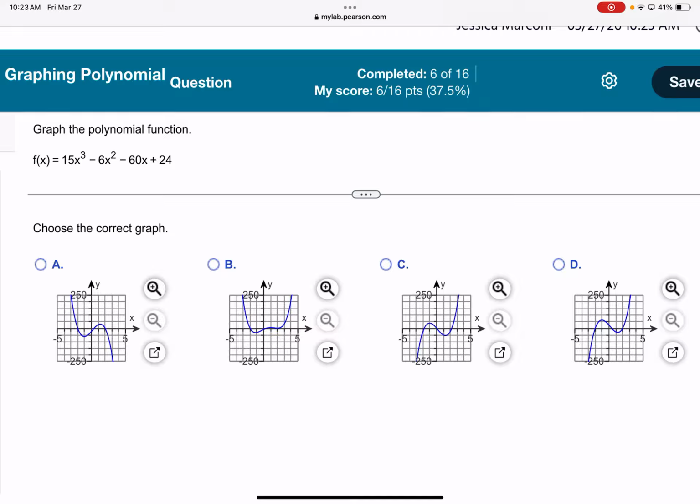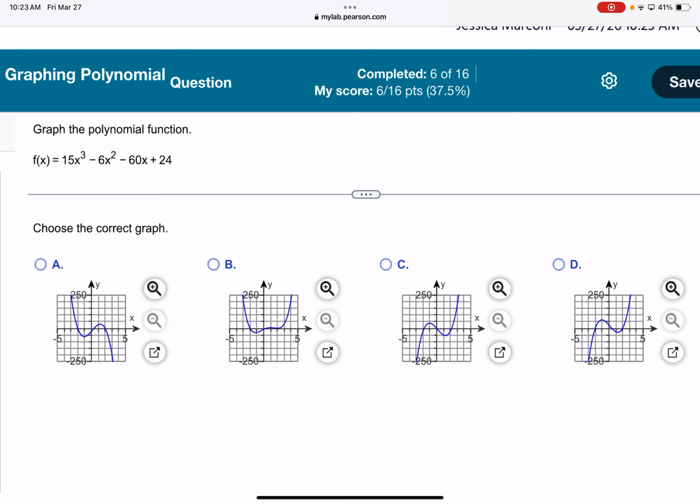But what that really does is eliminate A, right? So it's odd, so it's doing different things. So we eliminate B. 15, the leading coefficient, is positive, so it needs to be going up to the right. So now that eliminates A. So we're either at C or D.